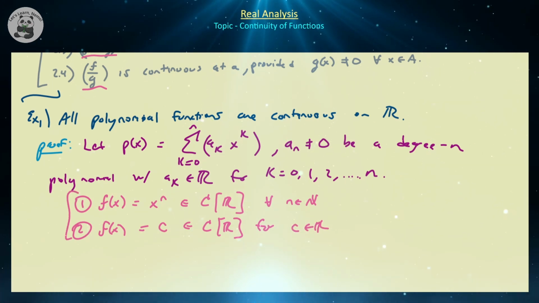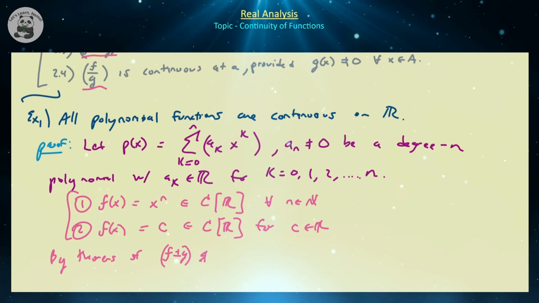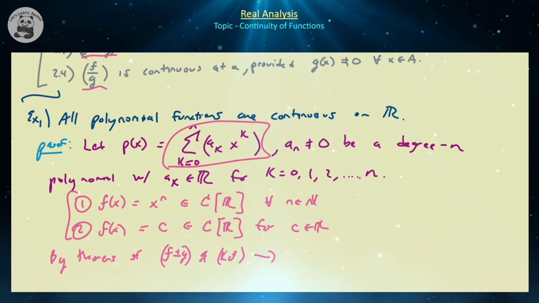So once you have that, then by the theorems of addition and subtraction, and also scalar multiples of continuous functions, since that's practically all what this is, right? Because a_k could be positive, it could be negative, and we're just adding up those continuous functions from the constant all the way up to the higher order term x to the m.